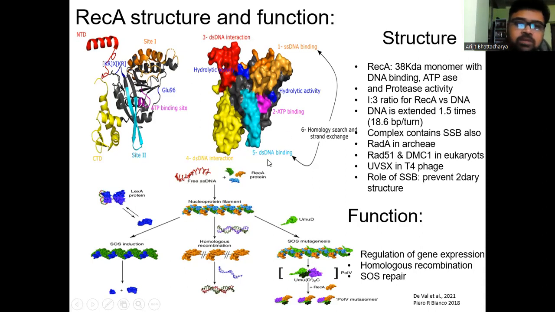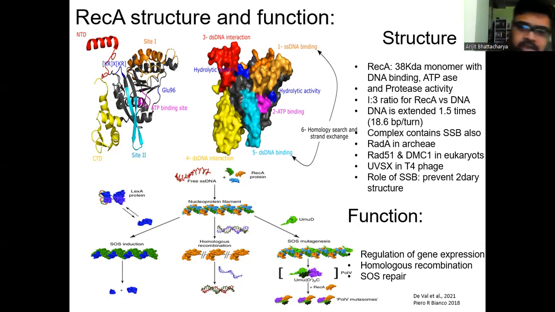There is a domain for double-stranded DNA binding, a domain for single-stranded DNA binding, this orange one. Then there is a part for double strand interaction. So a lot of different domains are there for double strand interaction, and a specific domain for ATP binding, this purple one. And then a domain is there for hydrolase activity through which it can target some protein to degrade it. So different types of activities are there.